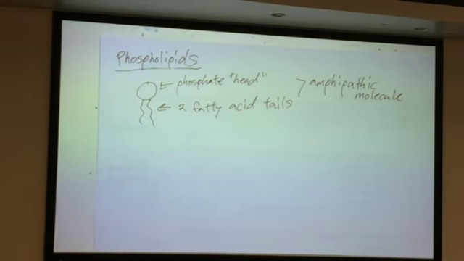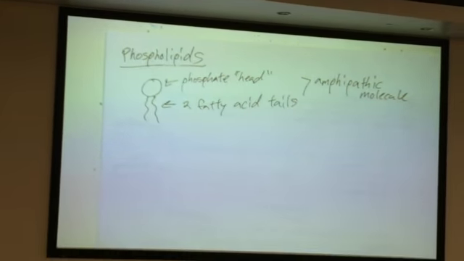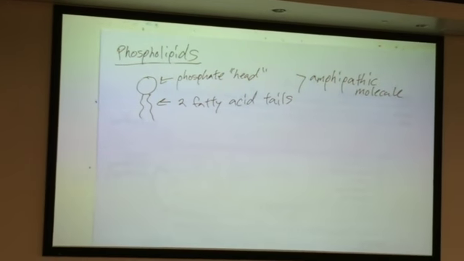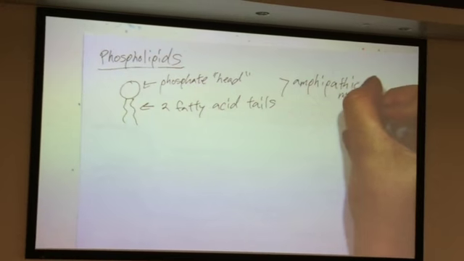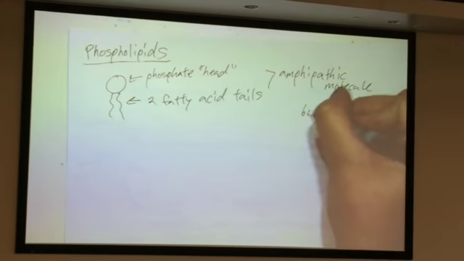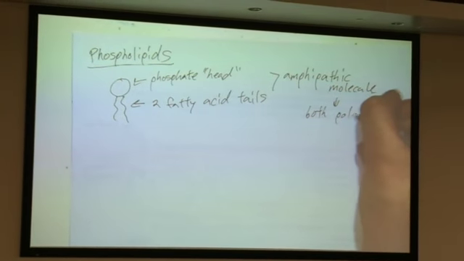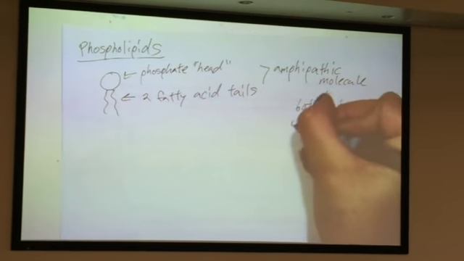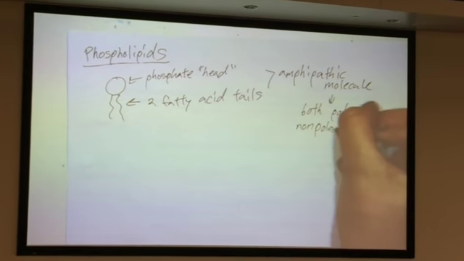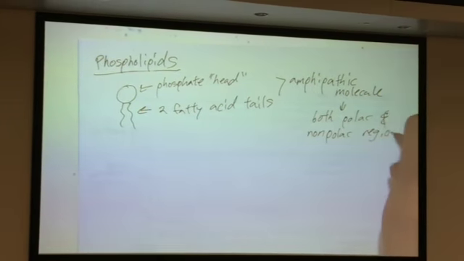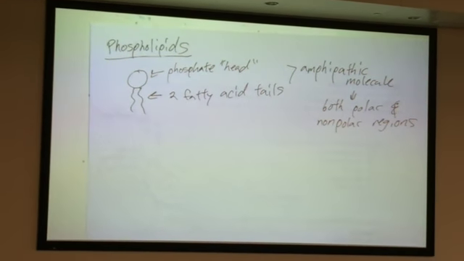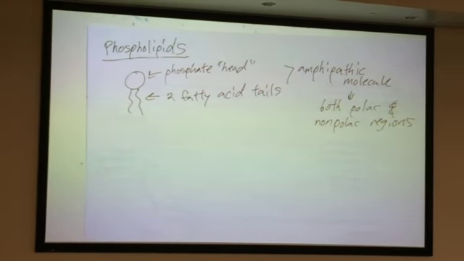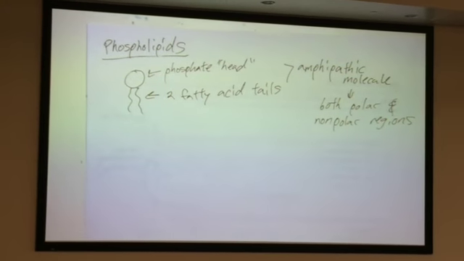Any of you guys remember what that means? Yeah, I like the overwhelming no. So this means that we have both polar and non-polar regions. Hopefully you guys are good with this from the first exam, but make sure that polar and hydrophilic are the same thing in your brain, okay?